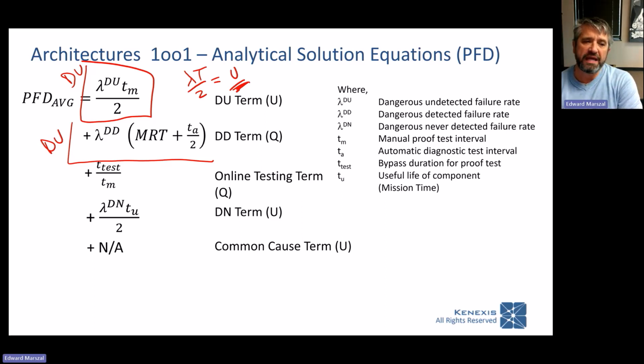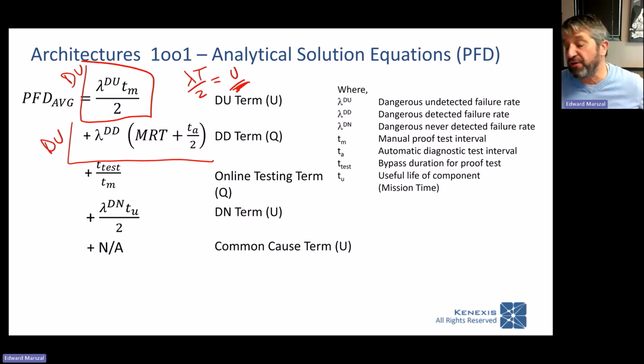Now, we don't give any recommendations on what that imperfect proof test coverage is, because in order to know that, you have to know how it's being tested. So it's inappropriate to have an imperfect or a manual proof test coverage in a database, because it depends on how you test it.